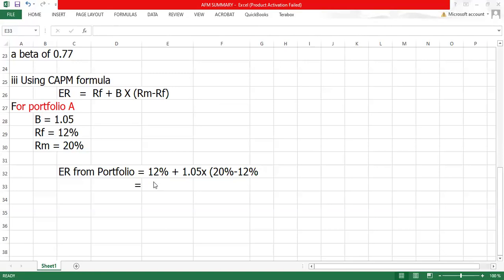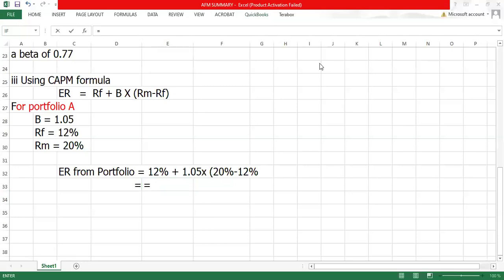Just get 12 plus 1.05 times open bracket 20 minus 12 close bracket, equal sign. So what do you get? Someone in the chat is saying 0.204.